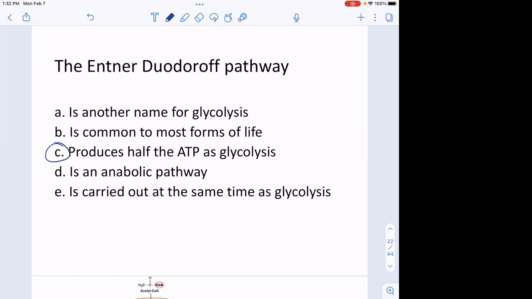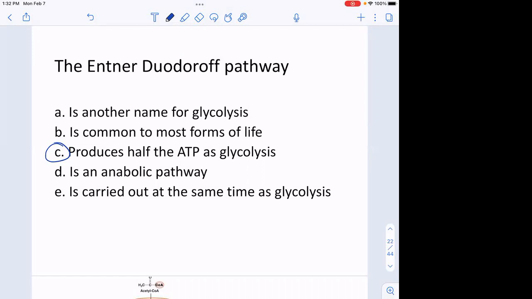Yep, that's correct. The other name we had for glycolysis, remember, was the Embden-Meyerhof pathway, or EMP pathway. Glycolysis is common to most forms of life, but remember, Entner-Doudoroff, only a few bacteria can do that. It is a catabolic pathway, not anabolic, and usually an organism would do either glycolysis or Entner-Doudoroff.